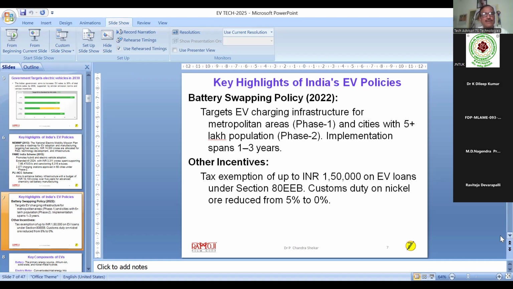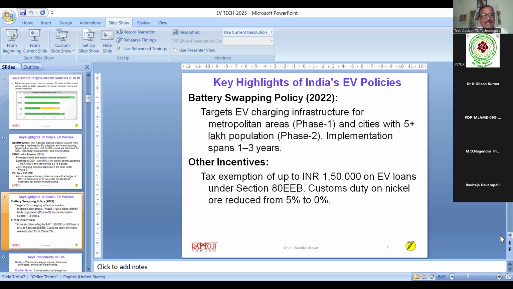EV policy. Now the new thing that is buzzing is the battery swapping policy. Target EV charging infrastructure for metropolitan areas in phase 1, and cities with 5+ lakhs population in phase 2, implementation in a span of 1 to 3 years, 2022 to 2025. They are spending almost 1 lakh crores to develop battery swapping systems.